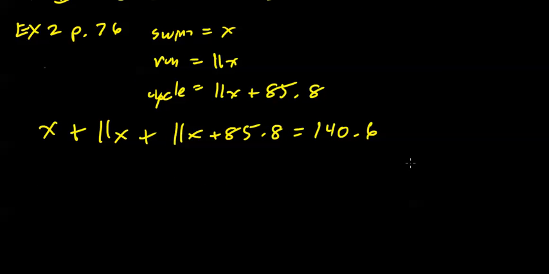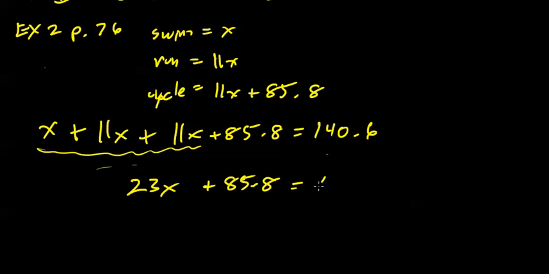Alright, and we do have some decimals here, but I think armed with a calculator, we can cover this pretty easily. Let me go ahead and combine some like terms. Notice all my variable expressions are on the left, and these are all like terms. Of course, I can combine them, and I'll get 23x plus 85.8 equals 140.6.